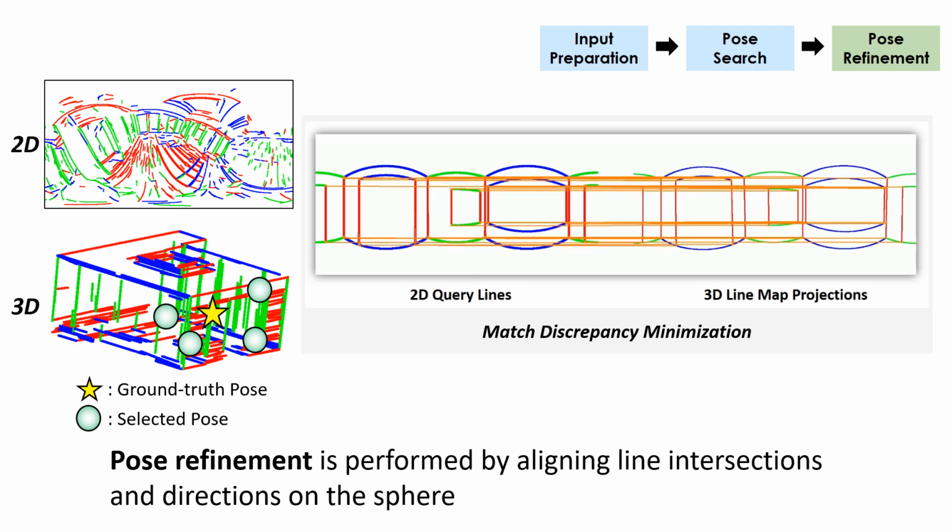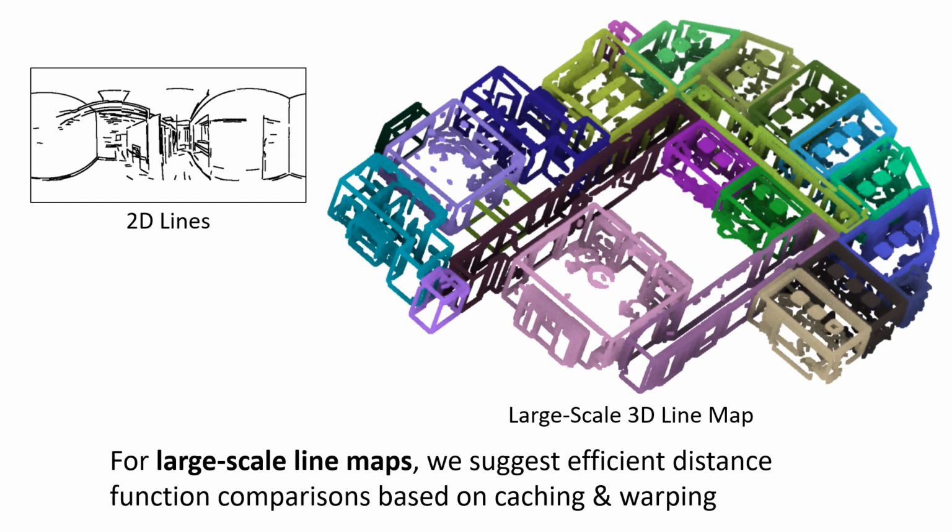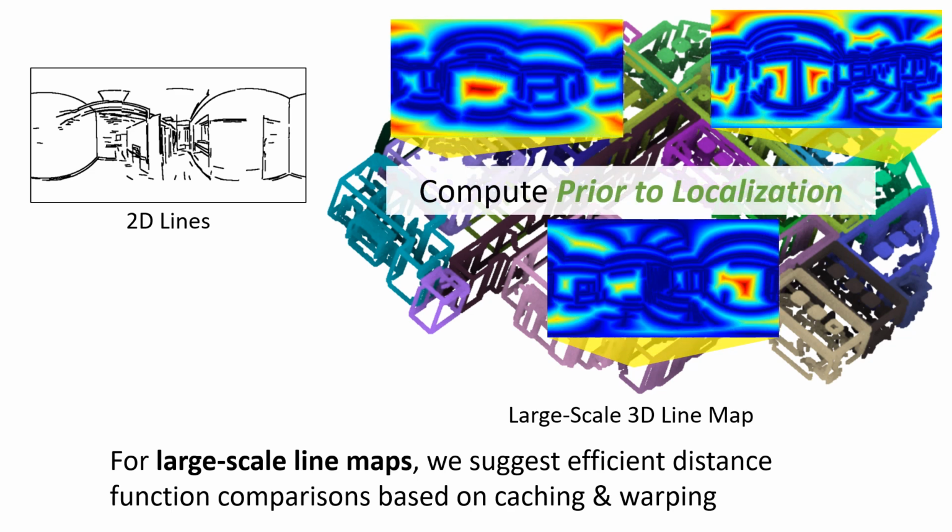To further scale our pipeline for large-scale scenes, we propose 2 acceleration schemes for distance function comparison. First, we suggest caching the 3D distance functions prior to localization such that they don't need to be computed on the fly.